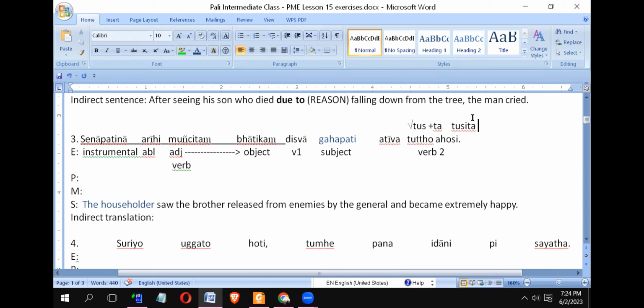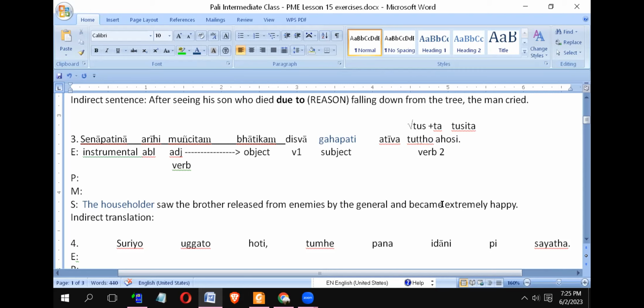So Tushita, you notice in audio Pali, you have this one. So Tushita means good place or happy place. So Tush plus ta, you got to do. This change it to O. That means that this one modifies the subject, right? So if this O, it modifies the subject. So we can say this Tuttho modifies the Gahapati, right?